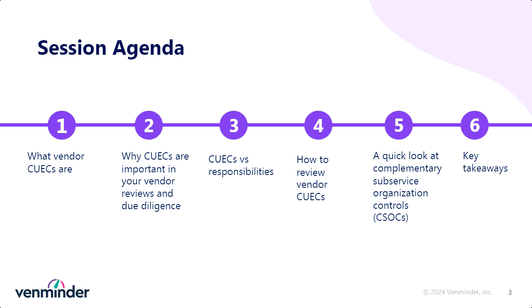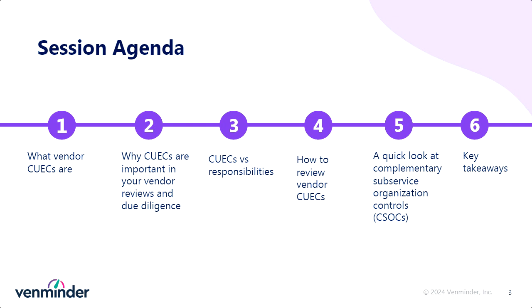Then we're going to move into how to review vendor CUEs. I think this is a great way for us to demonstrate a consistent way to look at CUEs, a tried and true process, if you will, and how to make sure that regardless of industry, regardless of product or service, you're always addressing the things that you need to address.